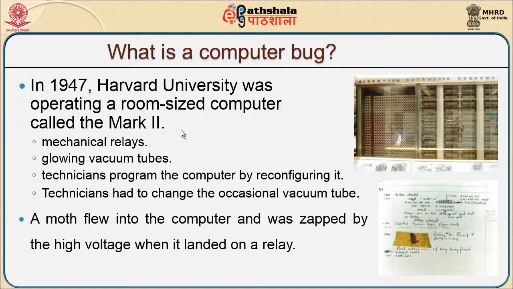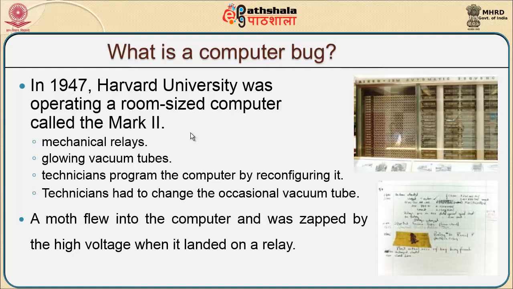We will try to see why this word bug initially came about, and define what a computer bug is. In 1947, Harvard University was operating a room-sized supercomputer called Mark II, with mechanical relays, glowing vacuum tubes, and technicians who programmed the computer by reconfiguring it and had to change the occasional vacuum tube.